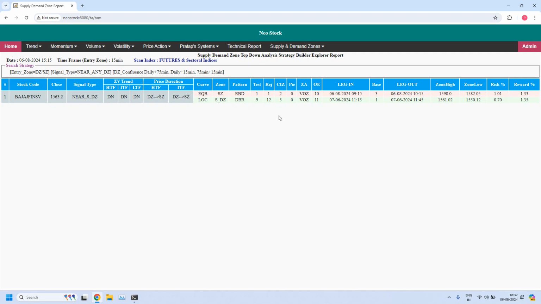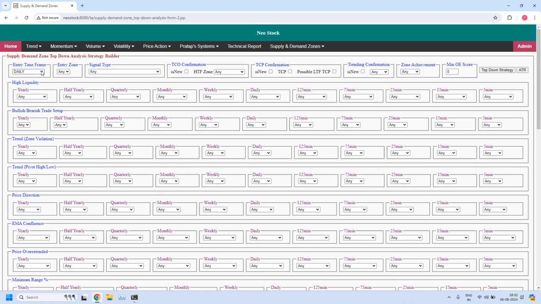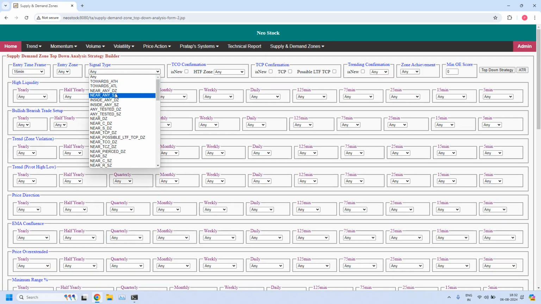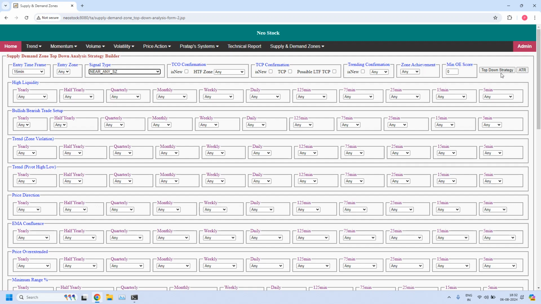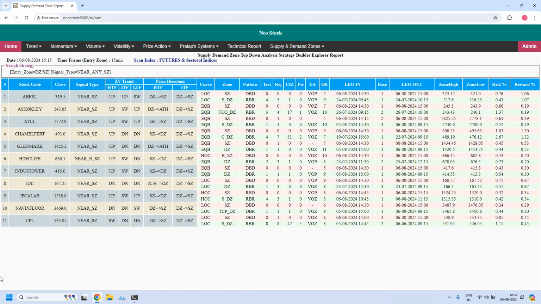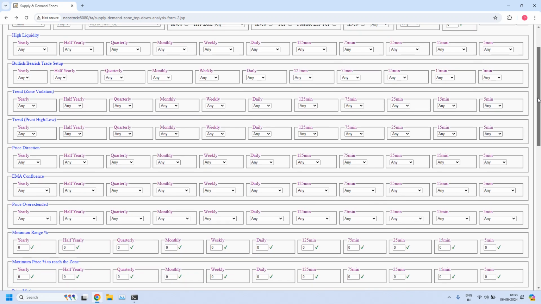Okay, fine. Next one is for the 15 minutes time frame. Let us find the stocks near the 15 minutes supply zone. 11 stocks are filtered near the 15 minutes supply zone. And let us identify whether any of these stocks have an ITF confluence. That means 15 minutes with 75 minutes supply zone confluence.